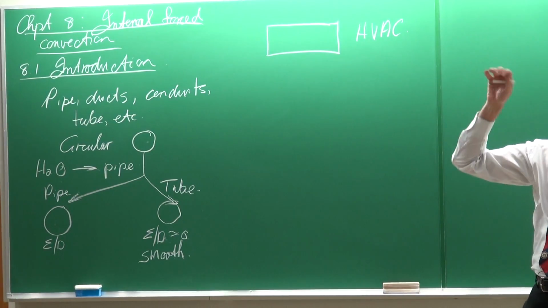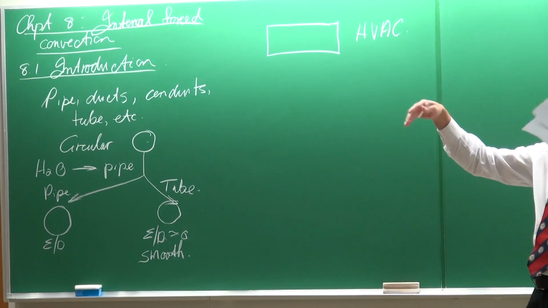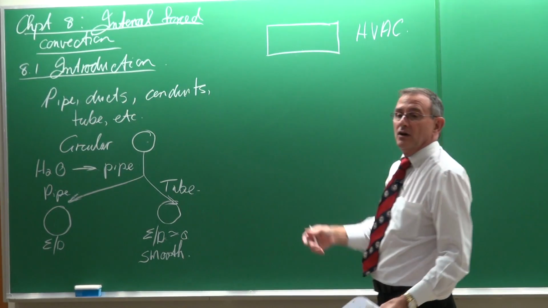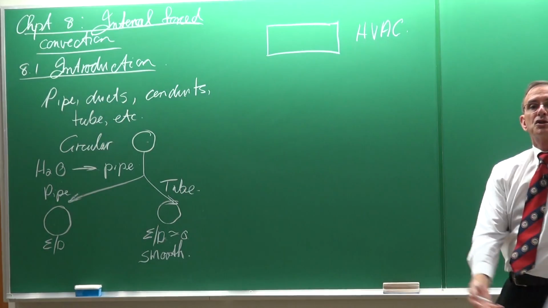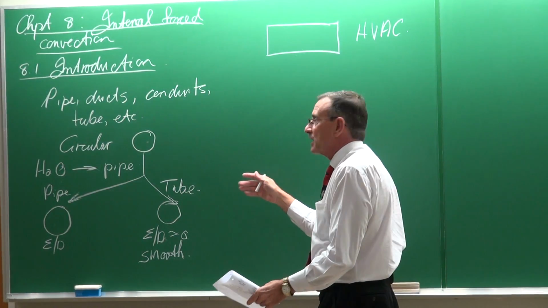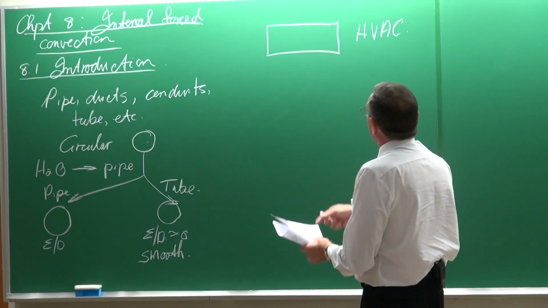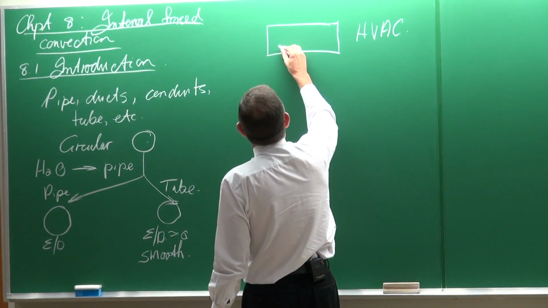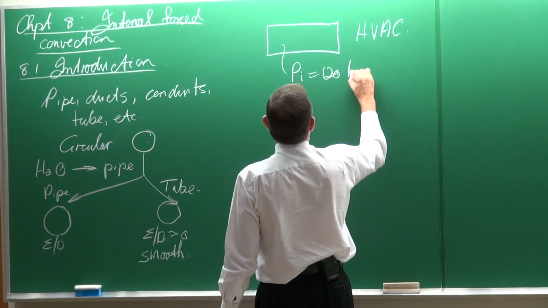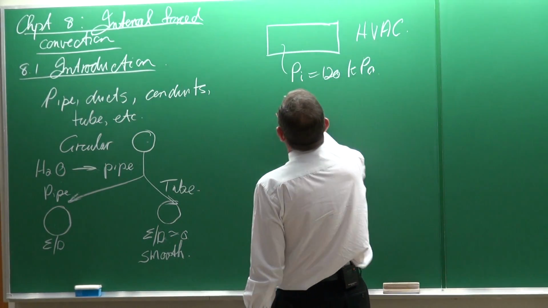That is how you get the cool air that is being distributed to all the venues, and these same types of geometries are being used to remove the hot air and take it again to the evaporator where it is being cooled.